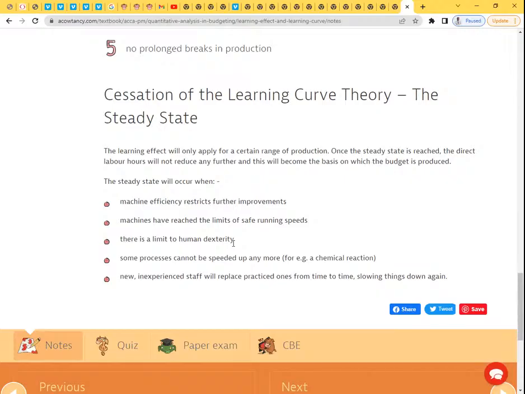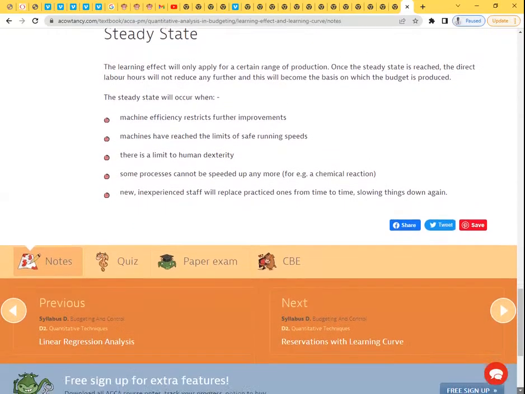So you can call this one a limitation of these employees, that they cannot really produce beyond a certain extent. Some processes cannot be speeded up anymore, e.g. chemical reaction. New inexperienced staff will replace practiced ones from time to time, slowing things down, very important.